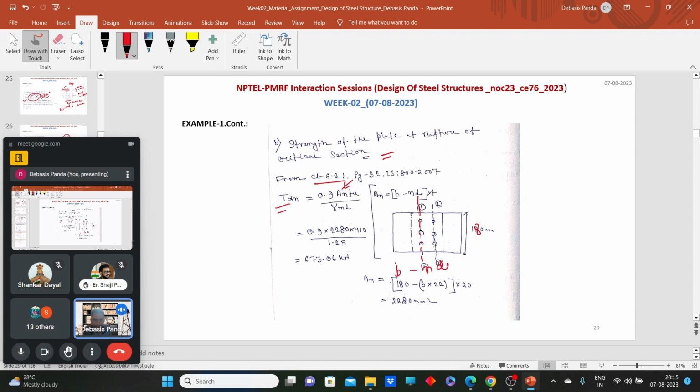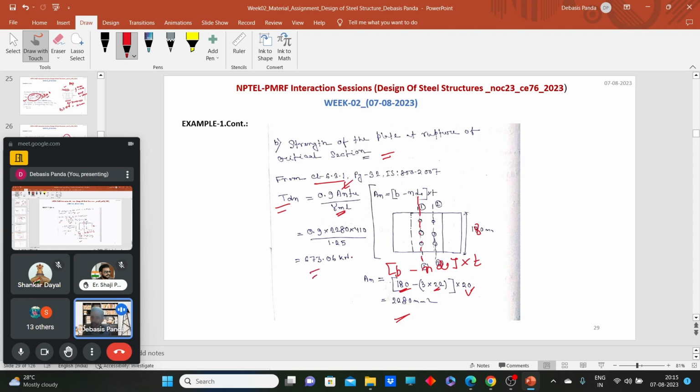Remember flat sections, B minus n d0 into t. So B 180 mm, how many holes are there in a single section? 3. What is the diameter of bolt hole? 20 plus 2, 22. And what is the thickness? So this comes as the net area of the section. And if we put all these things, gamma ml, go to table 5, you can find out the factor of safety. So that comes as 673 kilonewton.